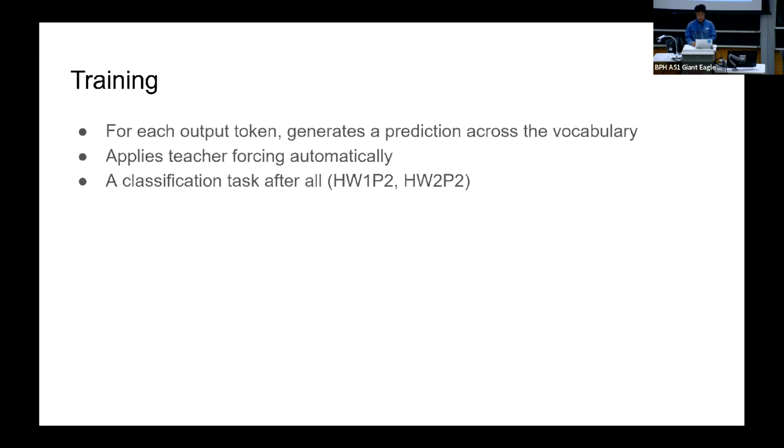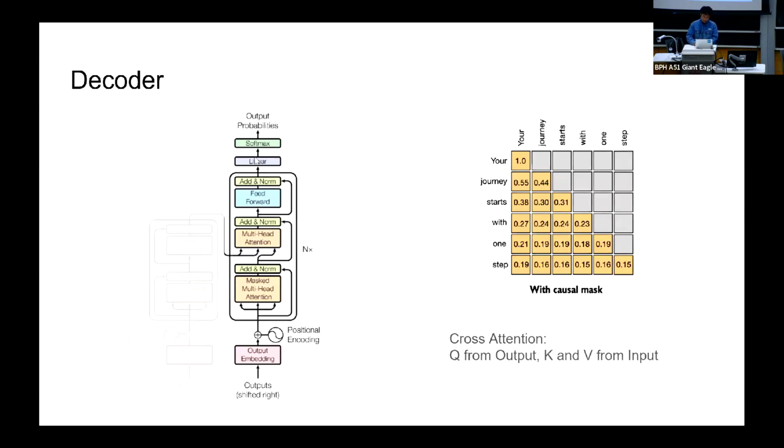I want to maybe expand a bit on how you want to train it. As I just mentioned, in training time you pass all the input sequence here and all the output sequence in the decoder.